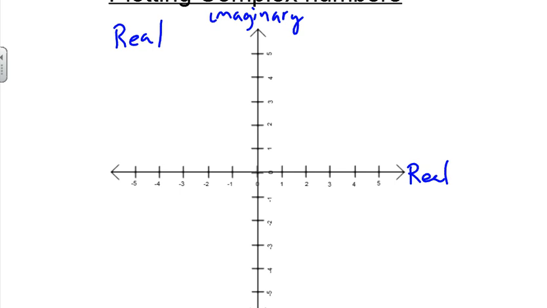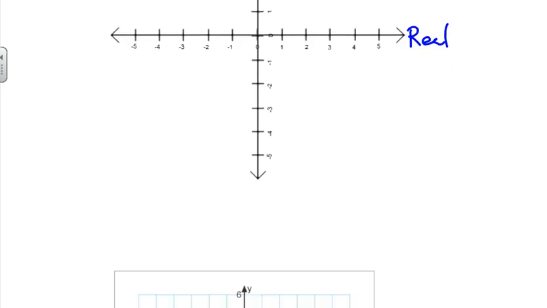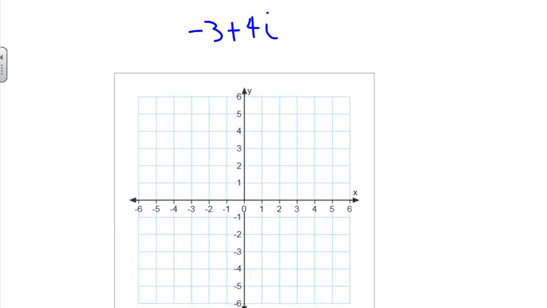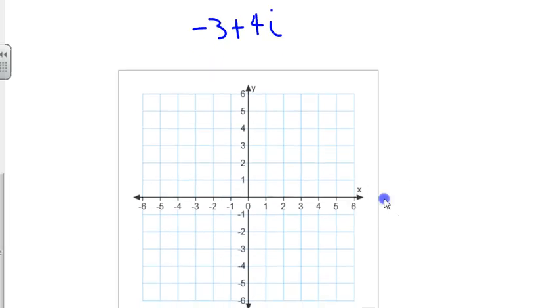So if I wanted to plot a point or a number that's a complex number, say for example, negative 3 plus 4i, all I would do is imagine an xy plane. But instead of calling my x-axis x, I would call it the real axis.